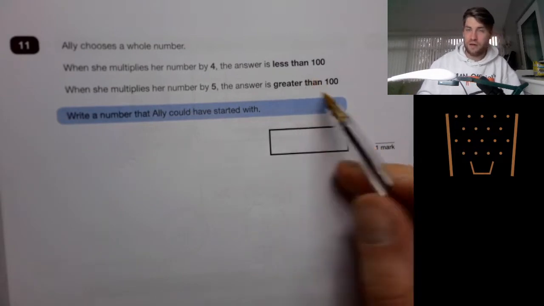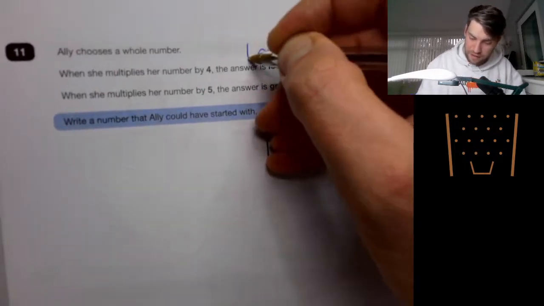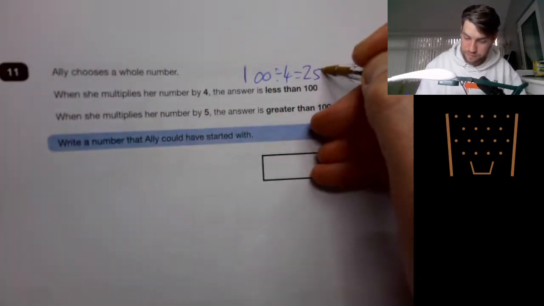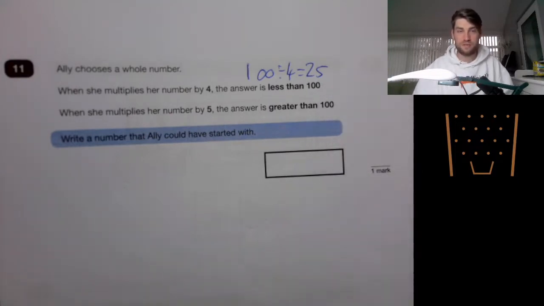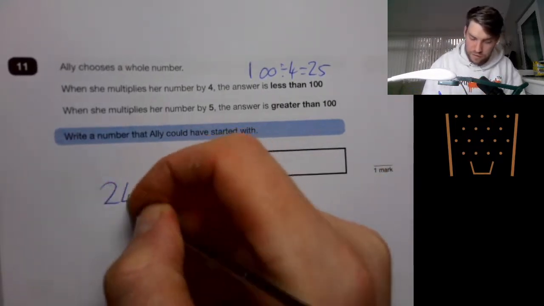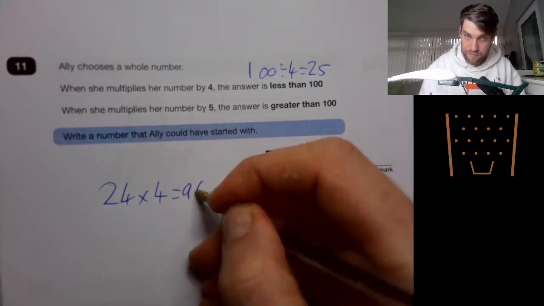I would think, firstly, what's 100 divided by 4? Well, I know that is 25. So the number can't be 25. It's going to have to be smaller than that, because otherwise I'm going to get an answer of 100. So I can just use the number 24, because now I know 24 multiplied by 4 gets me 96.